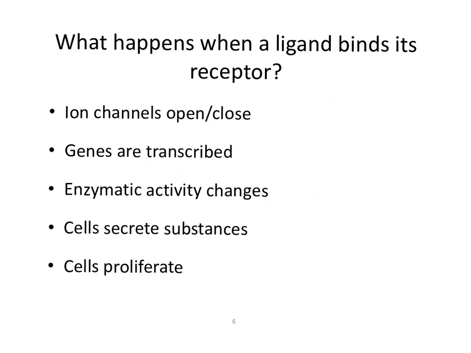All right, so what kinds of things happen when the hormone binds this receptor? Well, you saw in AMP1 when a chemical binds a receptor that ion channels can open or close. Same thing can happen with endocrine hormones. We might change which genes are transcribed in DNA, and this is going to affect which proteins are made.